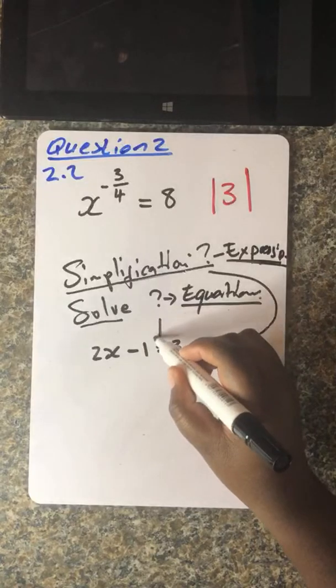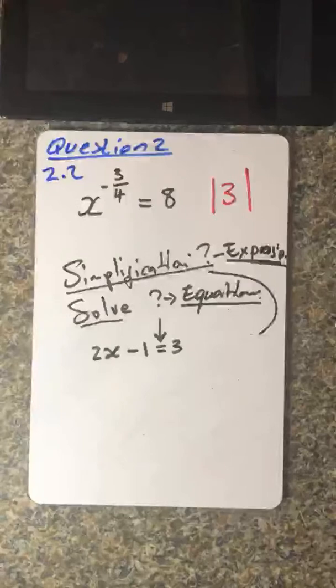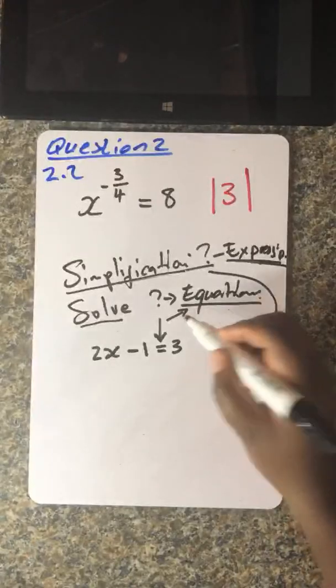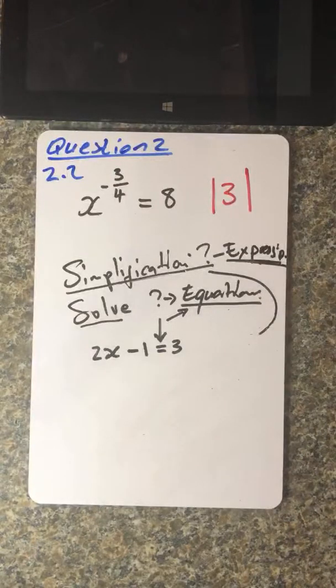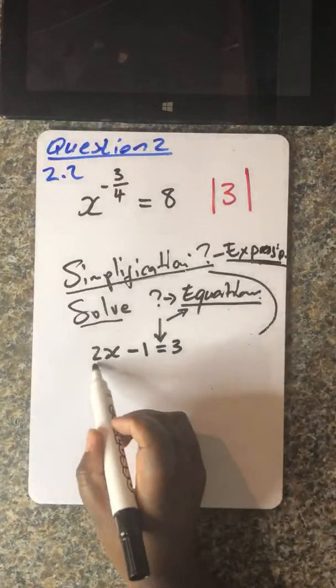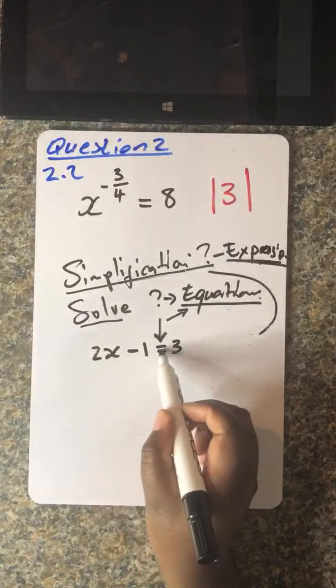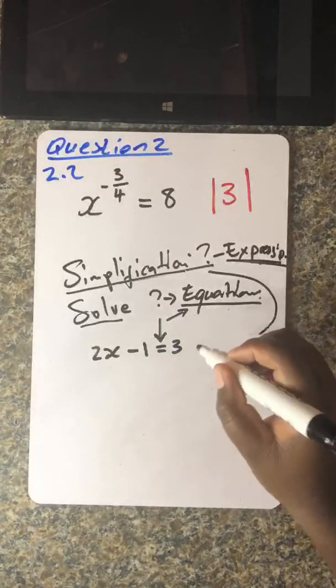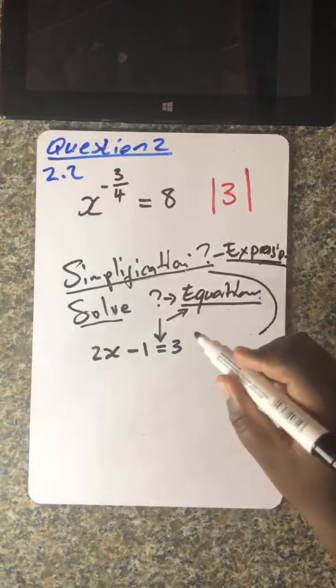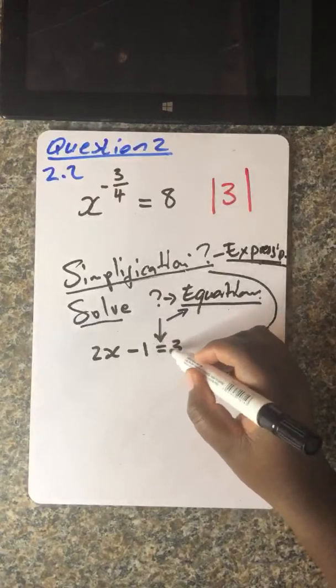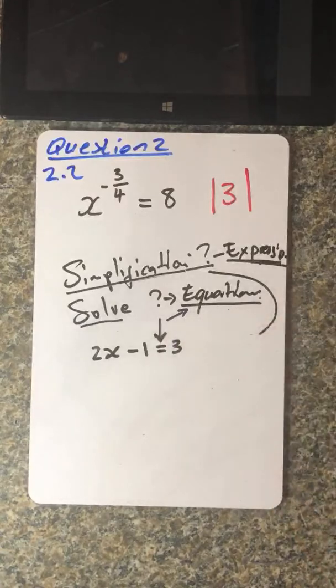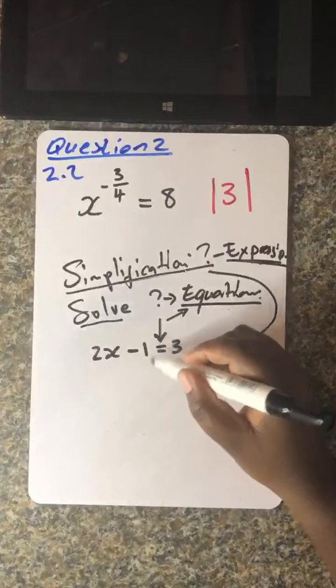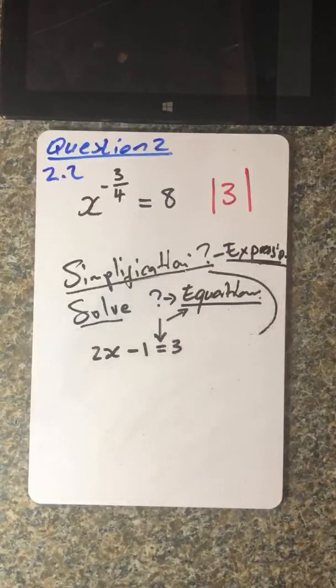Because you've got this equal sign, it means this is an equation. Why am I saying it's an equation? Because you've got an expression on the left which is equated to an expression on the right. The simplest way is just to say: I've got an equal sign, so this becomes an equation. Very much important, guys.